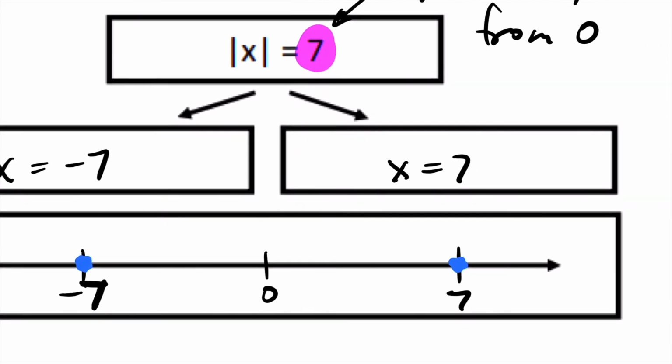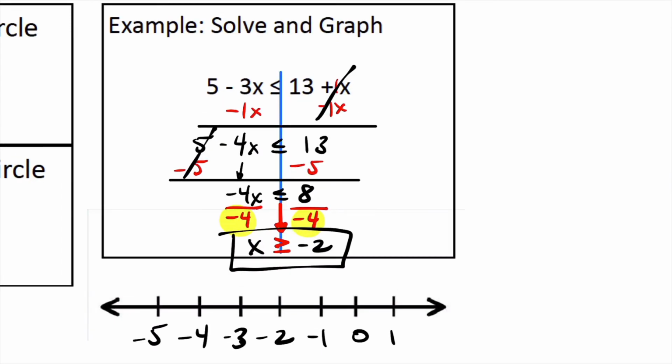So this is the rule. When do you know if it's an open dot or closed dot? If there is equal to at all, it's going to be closed. So does our symbol have an equal at all? It does, right? It has greater than or equal to. So if we have that, it's going to be closed dot.